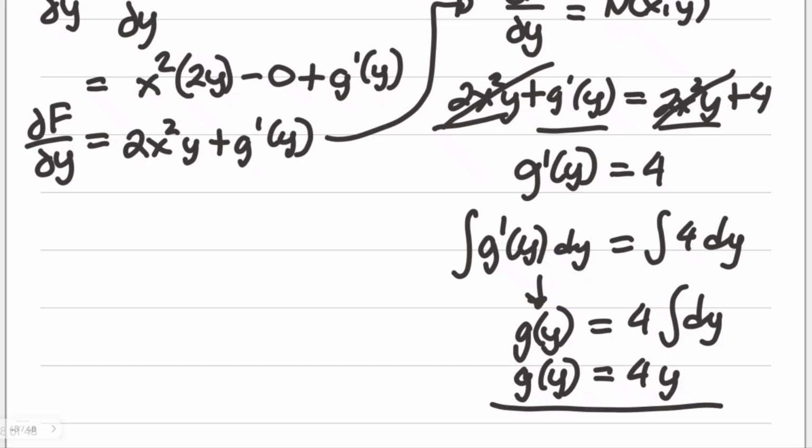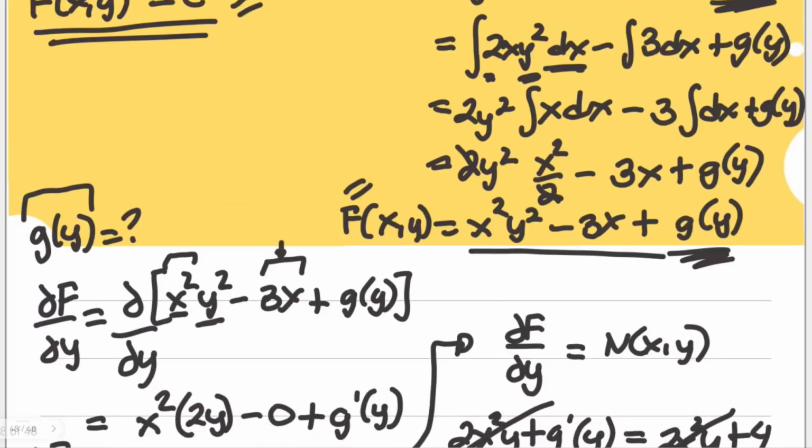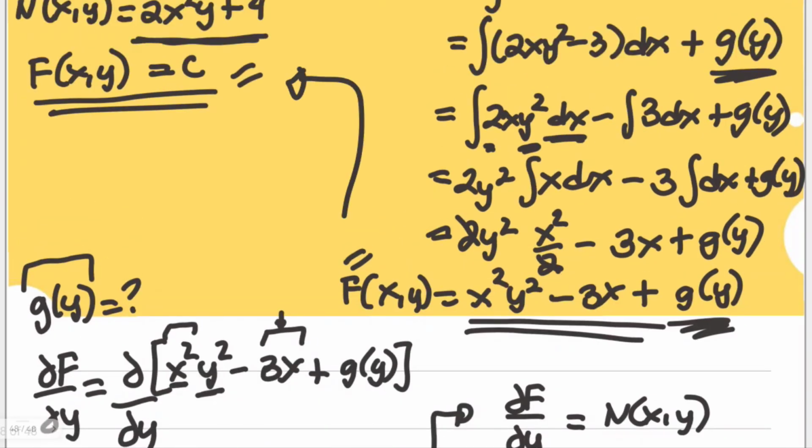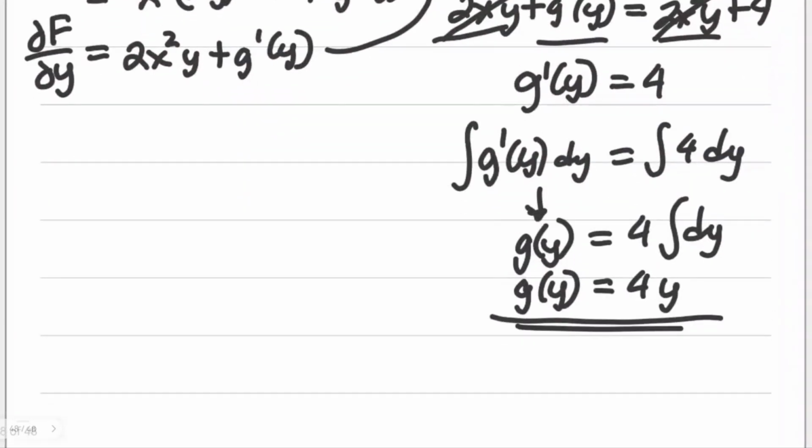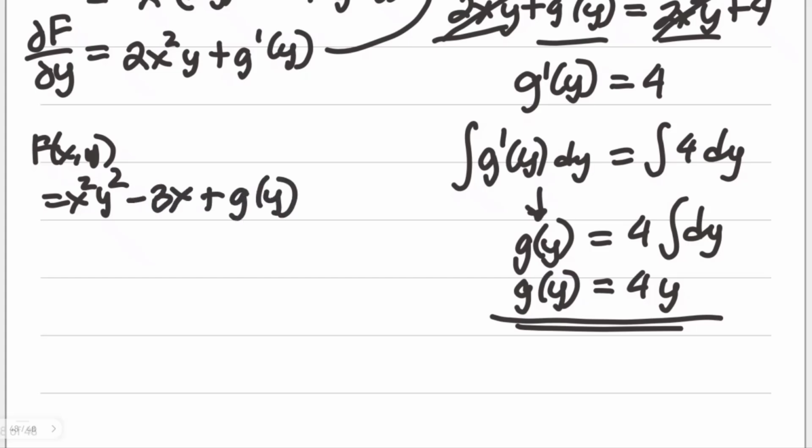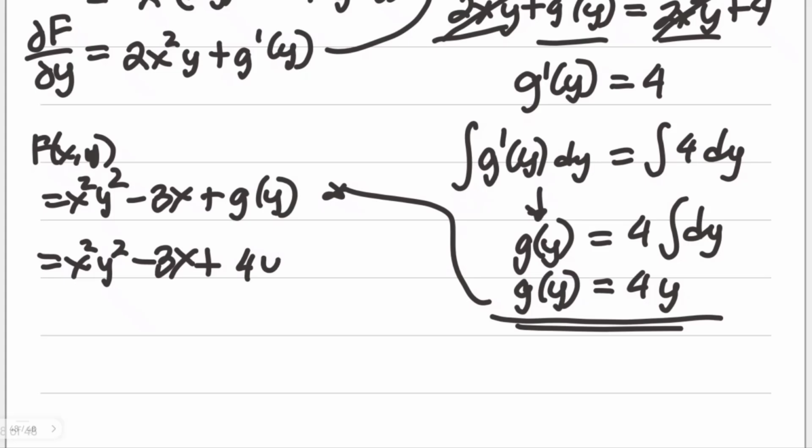So this is our g of y to be substituted in the result earlier, which corresponds to our solution. That's our f of xy: x squared y squared minus 3x plus g of y, which is this. So this is x squared y squared minus 3x plus 4y.